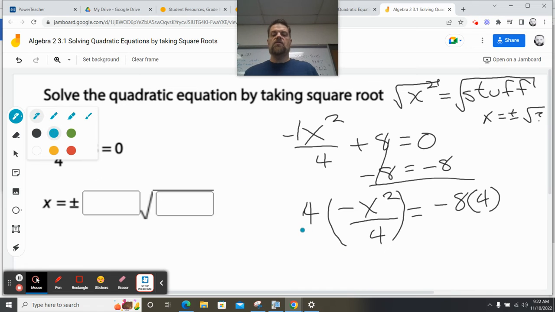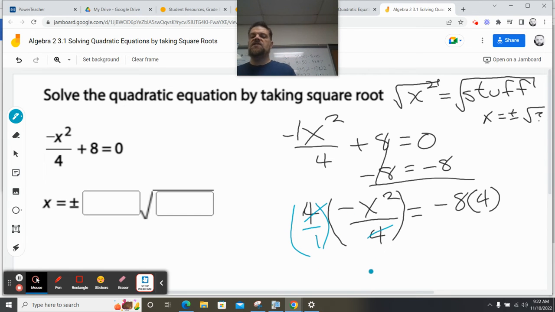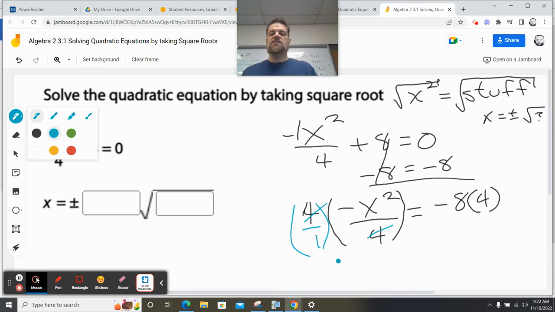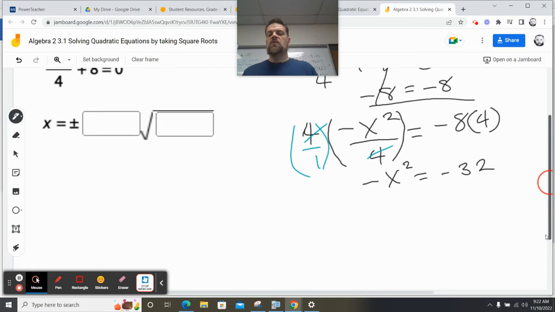Whatever I do on one side of the equal sign, I do to the other. Now, we kind of gloss over this, but it's really 4 over 1 times this stuff. The 4's cancel. 4 divided by 4 is 1. 1 times this stuff is just negative x squared equals negative 32. Right?